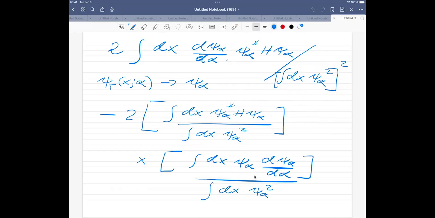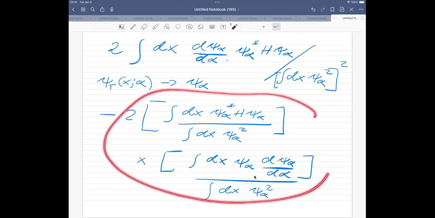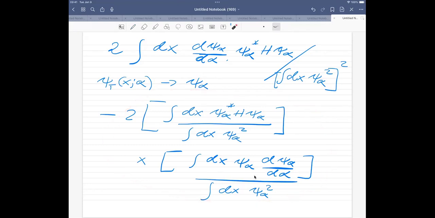So the second term is the one which is a little bit interesting to look at now. So let's look at this term which we have here. One thing is that this is nothing but the expectation value of the energy, as before.